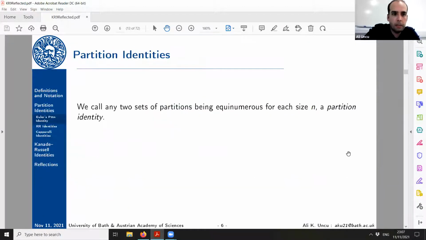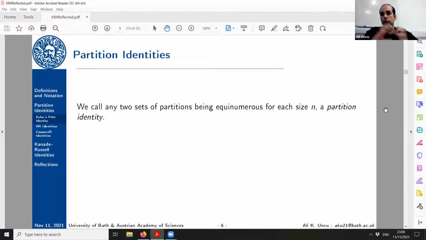Okay, so from this point on, I will talk about the partition identities and what I'm talking about when I say a partition identity. I call any two sets of partitions being equinumerous for every positive integer n a partition identity.